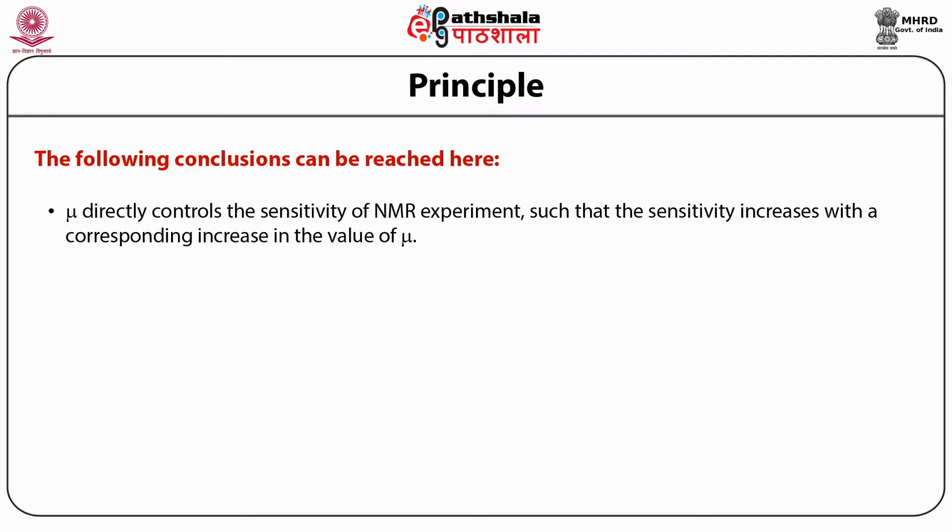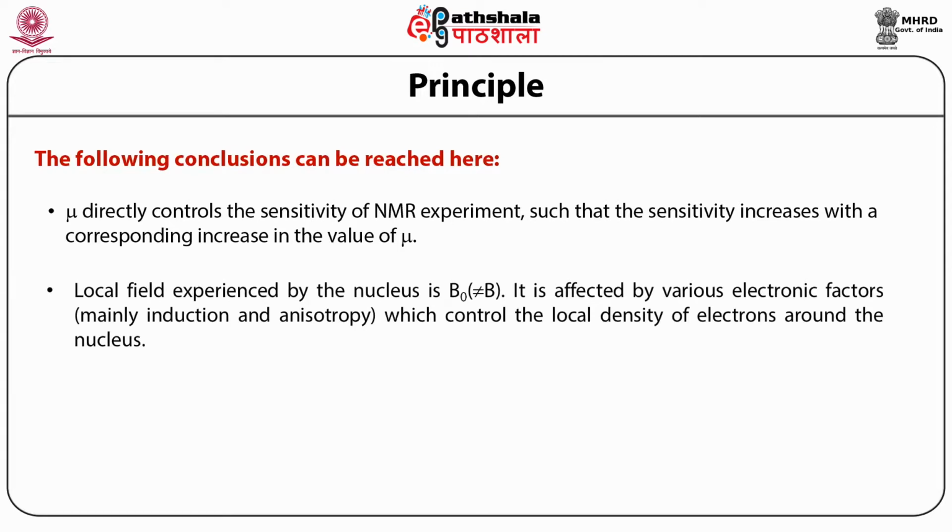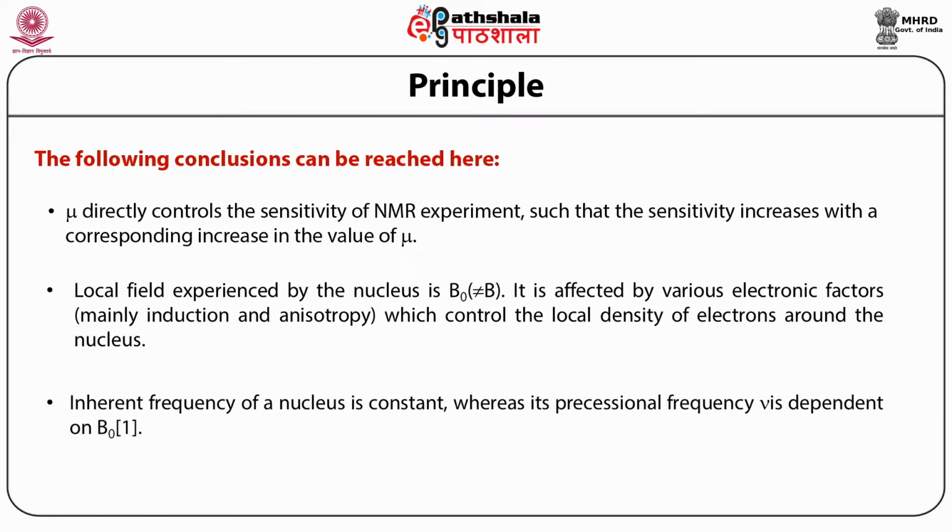Moreover, the local field experienced by the nucleus is B naught, which is not equal to B. It is affected by various electronic factors, mainly induction and anisotropy, which control the local density of electrons around the nucleus.